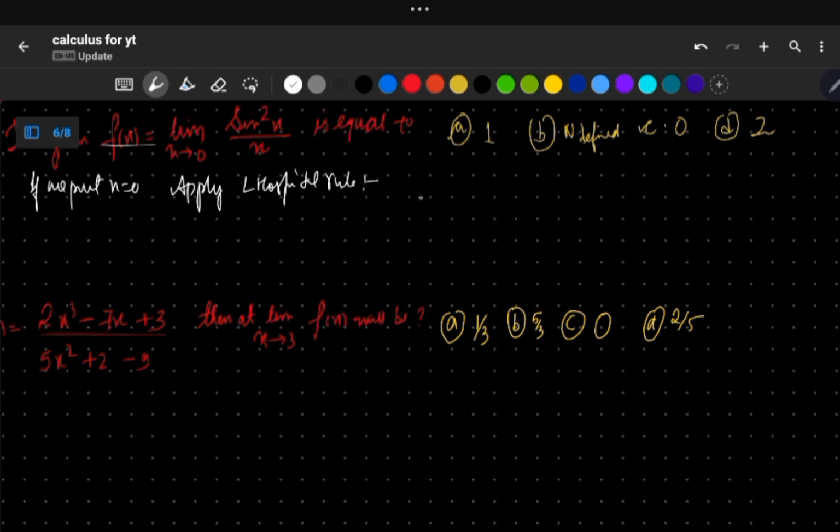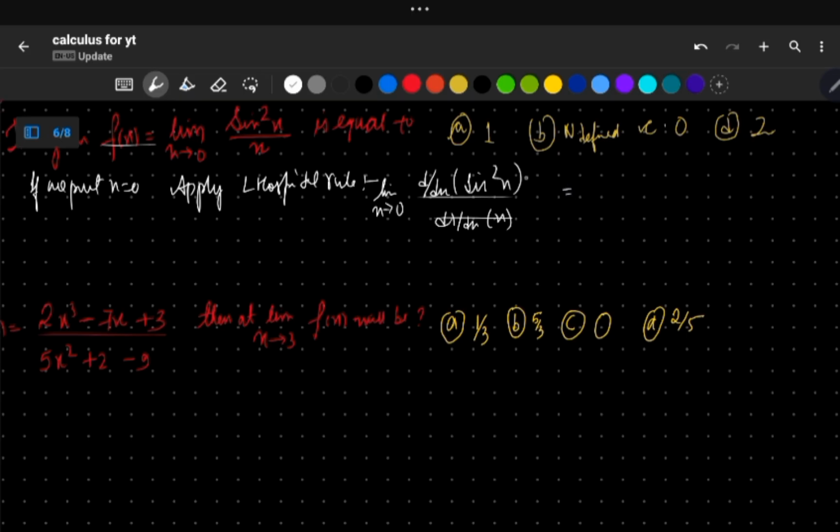After differentiation, we get d by dx of sine square x by d by dx of x, limit x tends to 0. The denominator becomes 1, so we get only d by dx of sine square x.